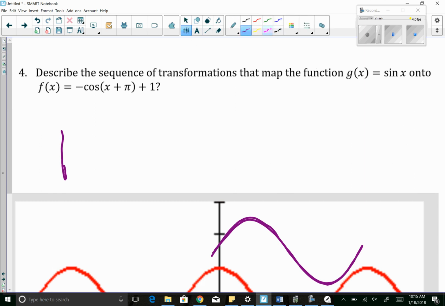We're going to translate up 1 unit and left pi over 2 units. This is not the only answer. This would just be the most efficient answer without having to do reflections and multiple translations and stuff like that.